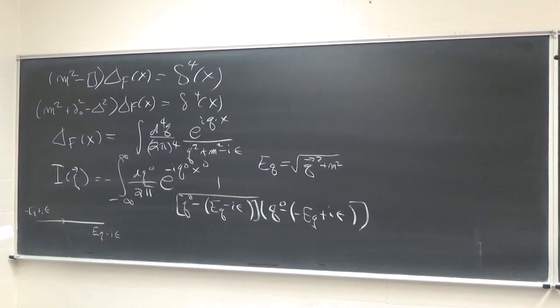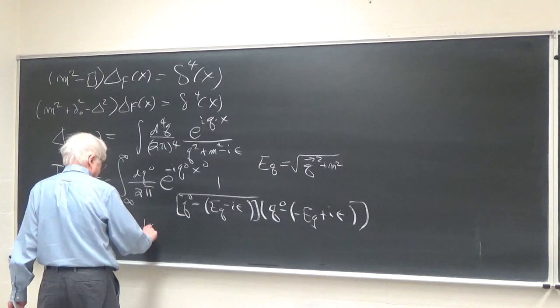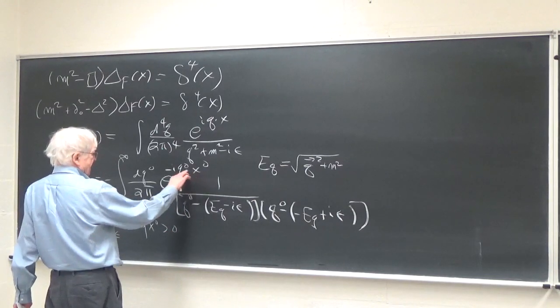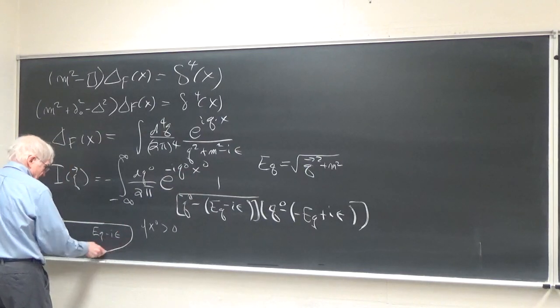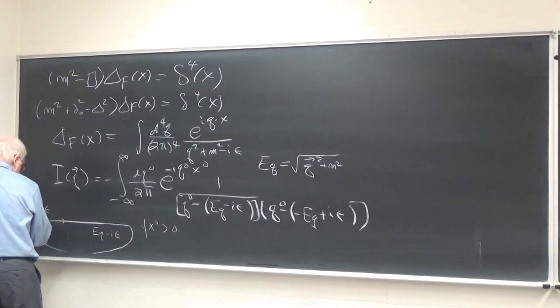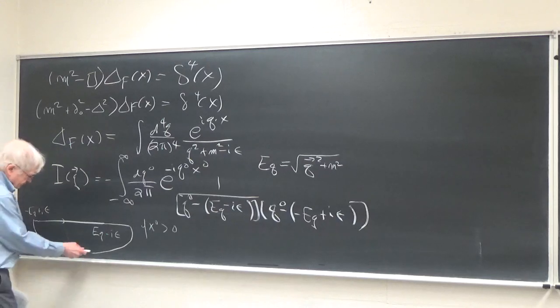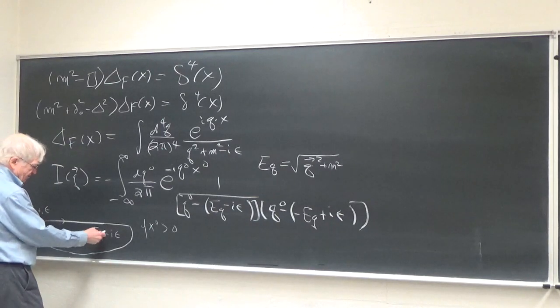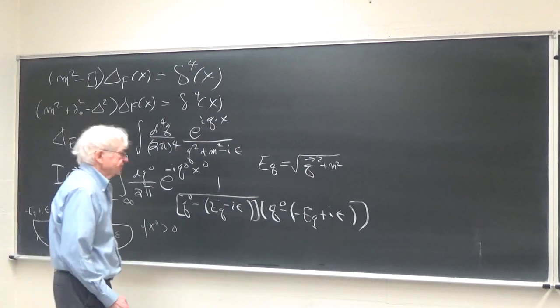And so if x0 is positive, then you want to add a ghost contour around the south pole, and you pick up the pole at EQ minus I epsilon.